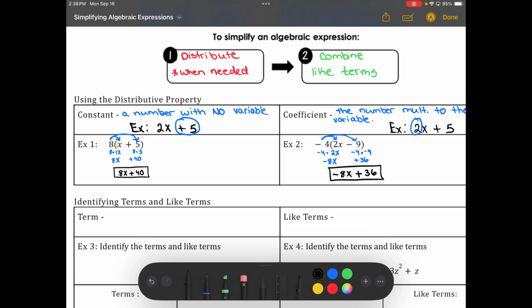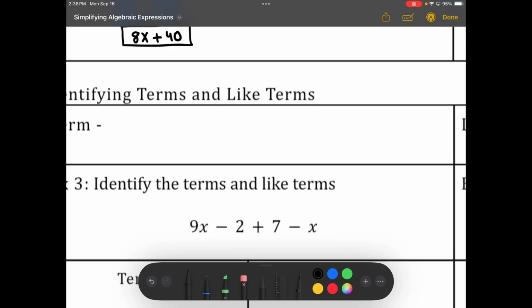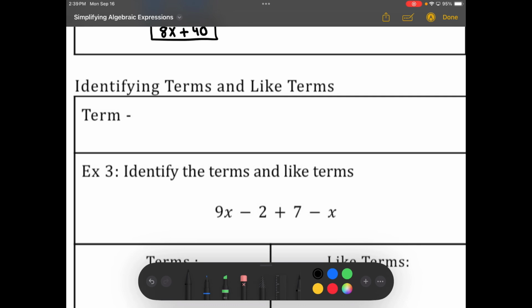Now that was step 1, us talking about the distributive property. So step 2 was combining like terms. Before we get to combining like terms, we need to talk about what's a term, what's a like term. So I have a couple of definitions here for you. First, what is a term? The terms are the sections of the expression.